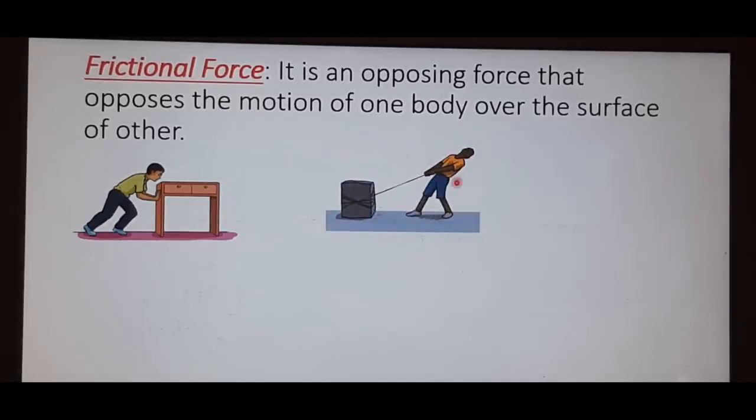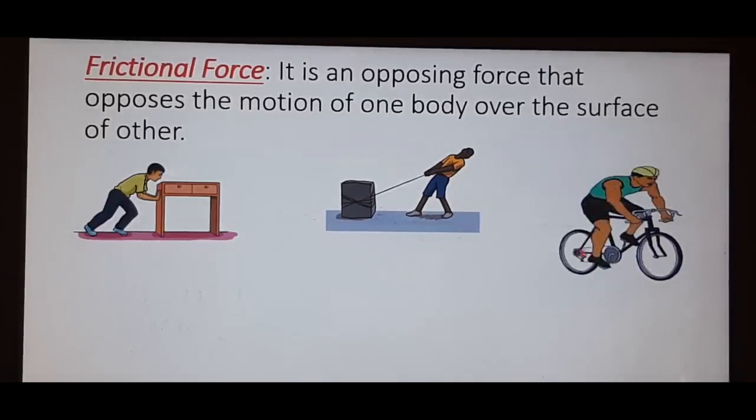Next, we can see this person is trying to pull this rock, but again this rough surface is providing friction, due to which it is not able to move. Opposing force means it will not allow motion, it will oppose the motion, and mostly rough surfaces provide frictional force. This example I have already taken: once you apply the brake, your cycle will be stopped.